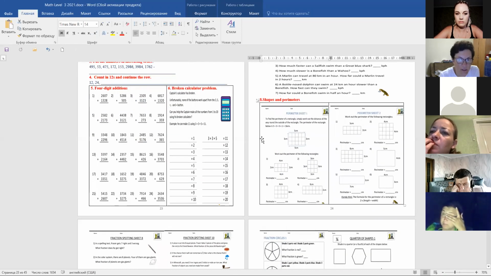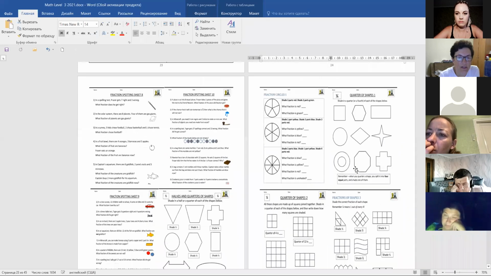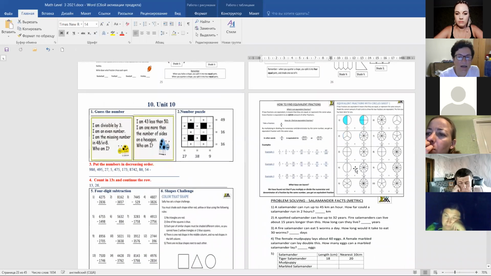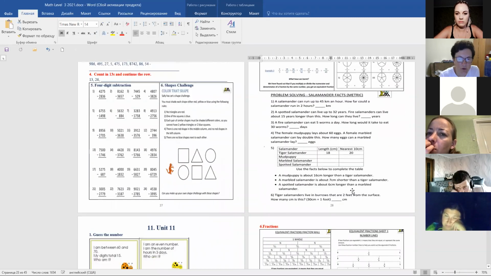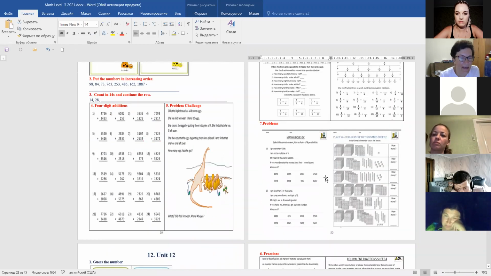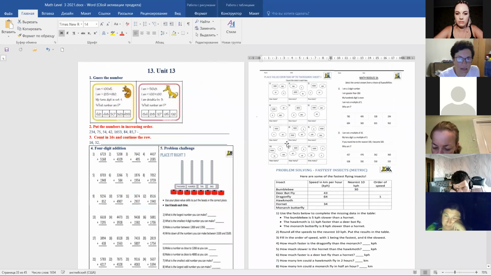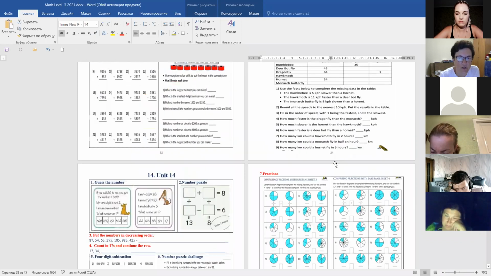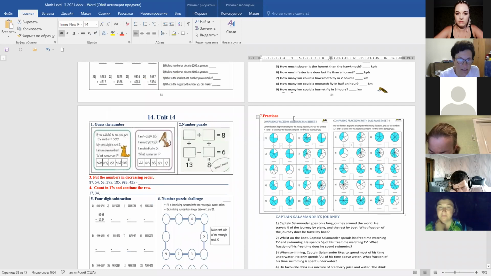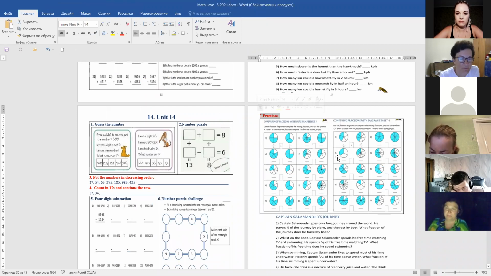Then we go back to the perimeter, plus fractions, plus problem solving, fractions again, and finally we end up with place value. Anya said these fractions are impossible, they are very difficult. So these fractions are not good.